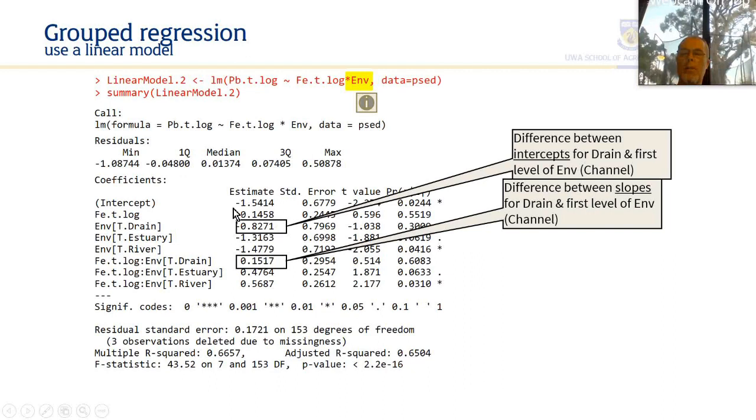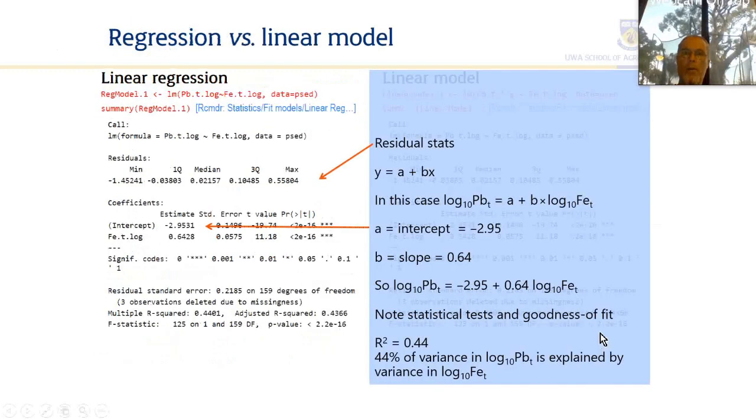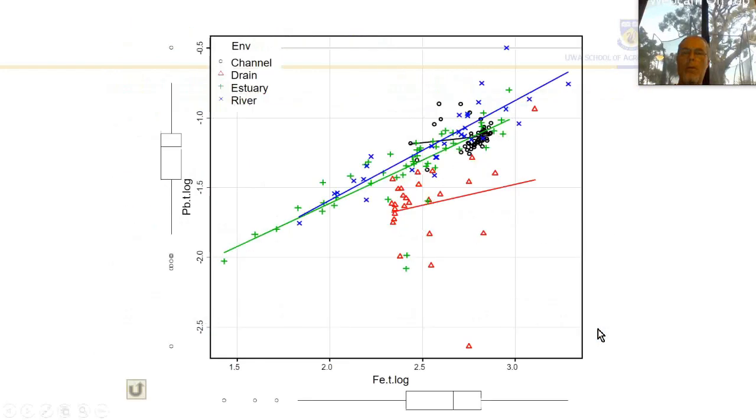So intercept of minus 0.15, and the difference between that slope and the one for drain is 0.15. So they have similar slopes. And if we go back to the graph again, we can see that our channel, which was our first level in the factor environment, has a lower slope than the next category, which is drain, this one down here.